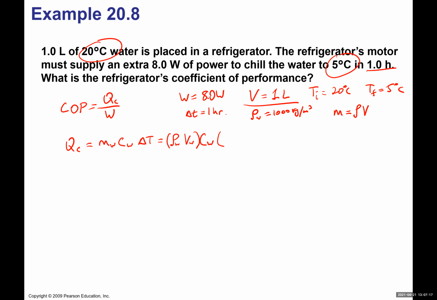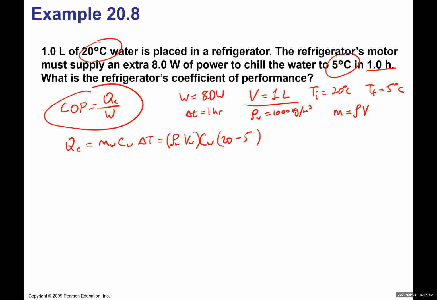Now, if you remember, in these equations we have to make sure that QC is always a positive quantity. If I do 5 minus 20, I'm going to get a negative number, right? 5 minus 20 is negative 15. So you can put an absolute value or just say all we want to know is 20 minus 5, because all we want to know is the amount of this energy, not necessarily whether it's flowing out or in.